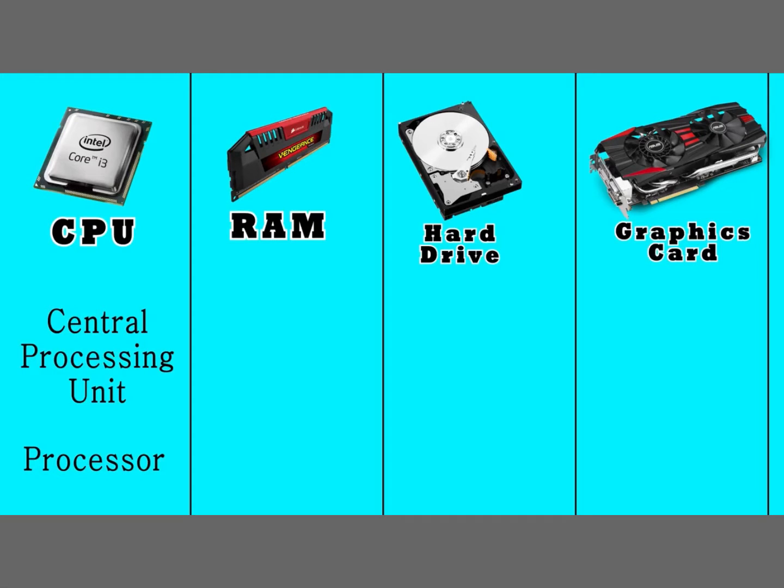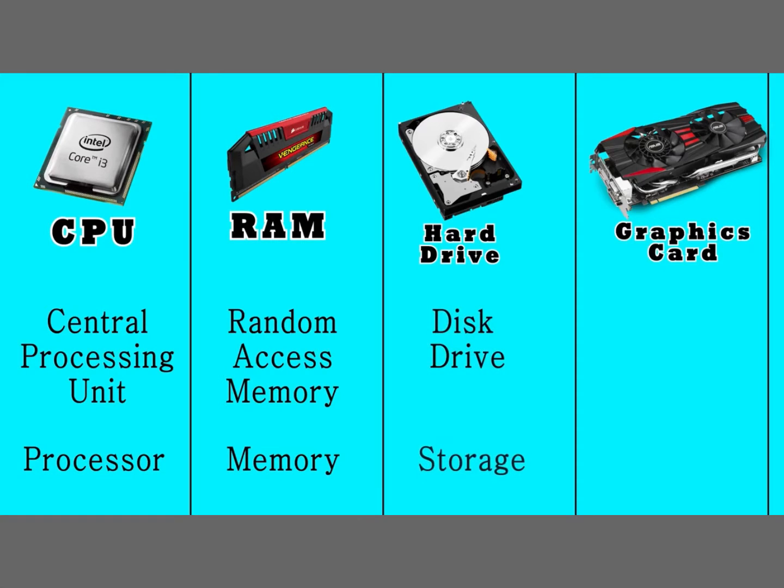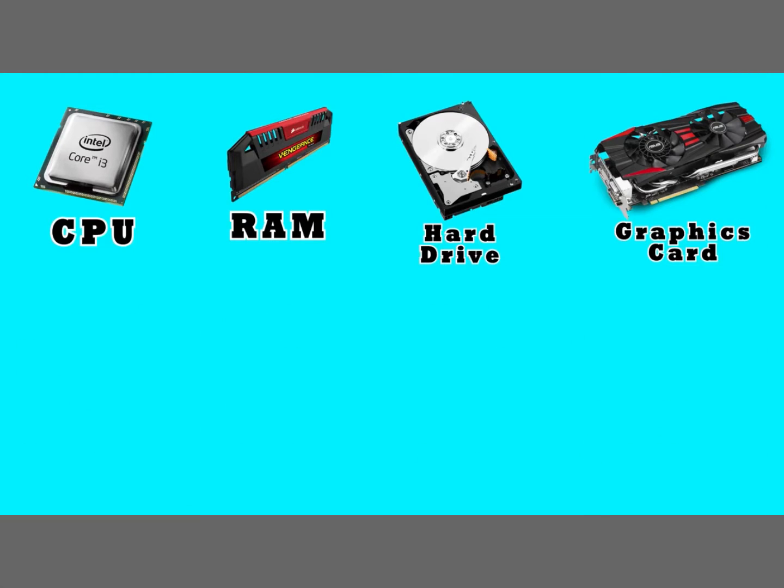Next, RAM stands for random access memory and is often referred to as just memory. The hard drive is often referred to as a disk drive or storage. And a graphic card is also known as a GPU or graphics processing unit. For this explanation, I will be using the terms CPU, RAM, hard drive, and graphic cards. So let's start with the CPU.